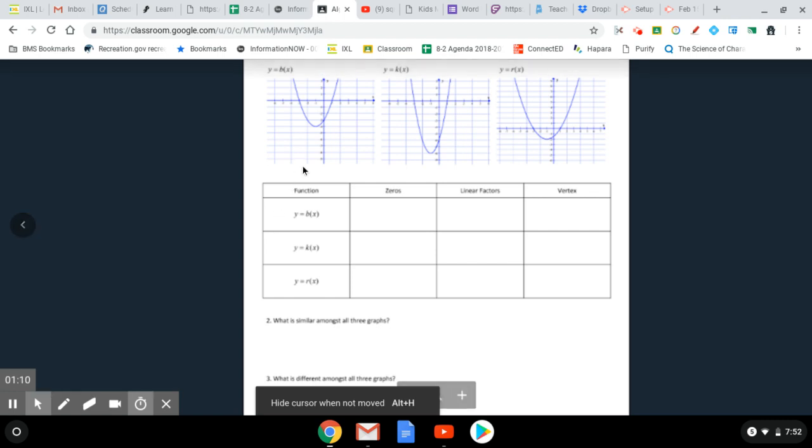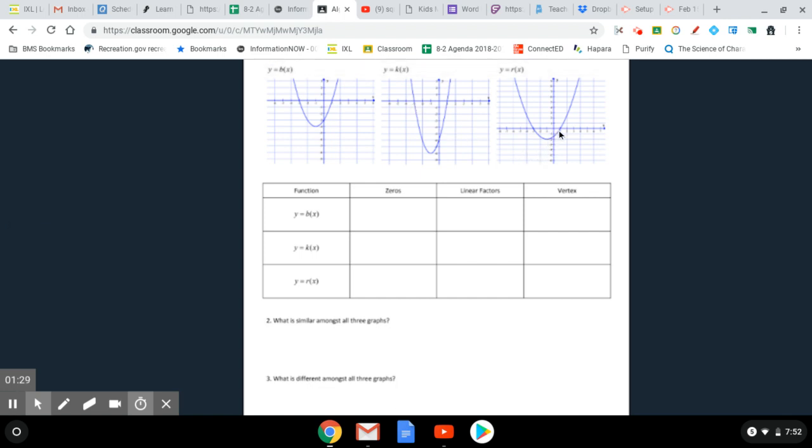Now, as I start to look at these, I notice b of x has a zero of positive 1 and negative 3. K of x has a zero of positive 1 and negative 3. And r of x also has a zero of positive 1 and negative 3.